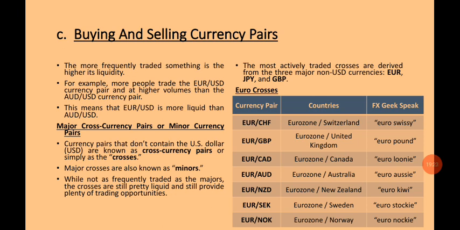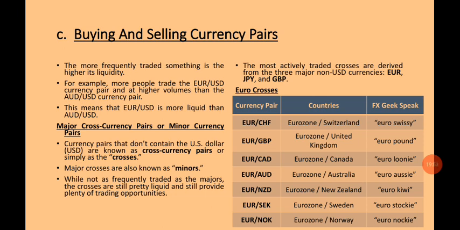While not as frequently traded as the majors, the crosses are still pretty liquid and still provide plenty of trading opportunity. The most actively traded crosses are derived from the three major non-US currencies: the euro, the Japanese yen, and the Great British pound. So here's a chart showing you some of the major currency crosses, or cross currency or minor currency pairs.